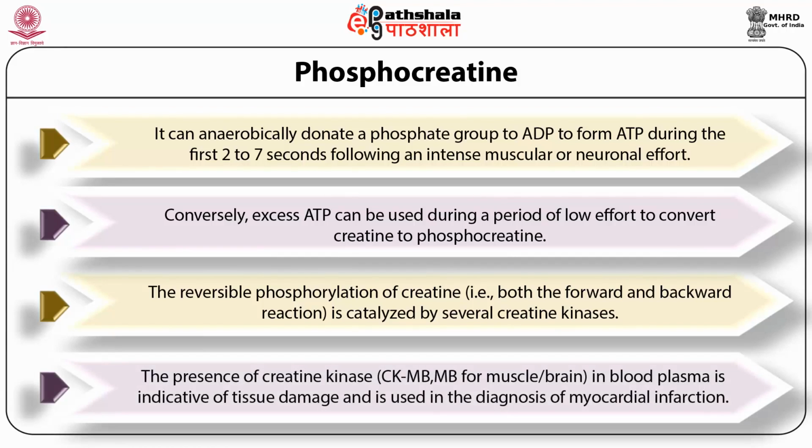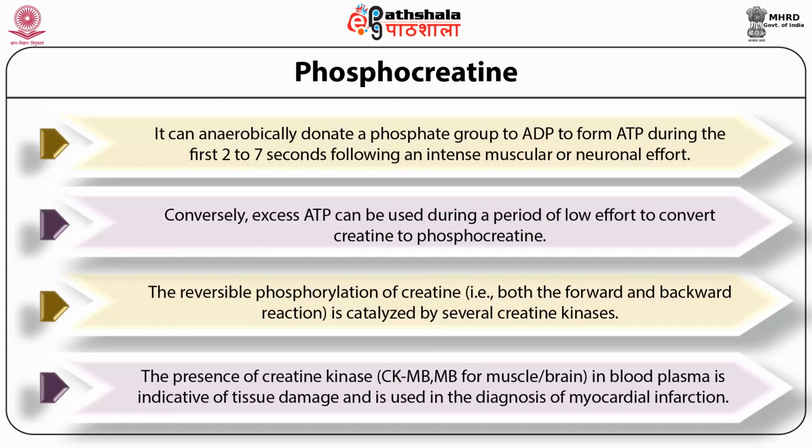The presence of creatine kinase in blood plasma is indicative of tissue damage and is used in the diagnosis of muscular dystrophy, and of myocardial infarction when it takes place in the heart muscle.